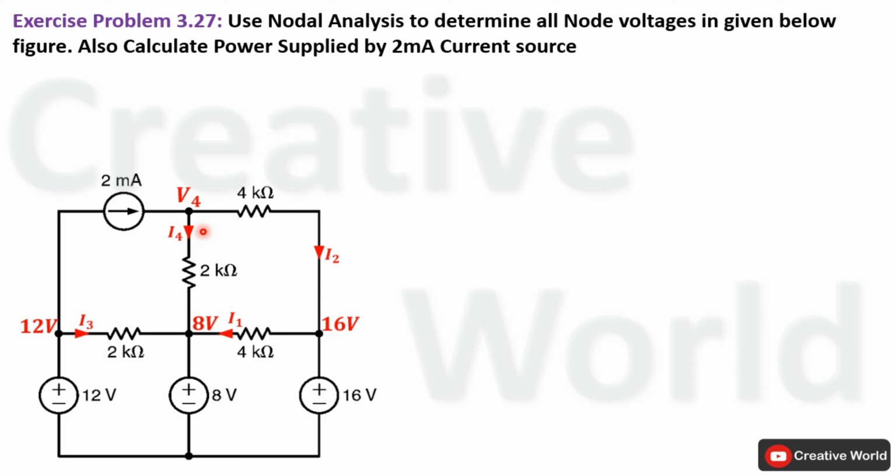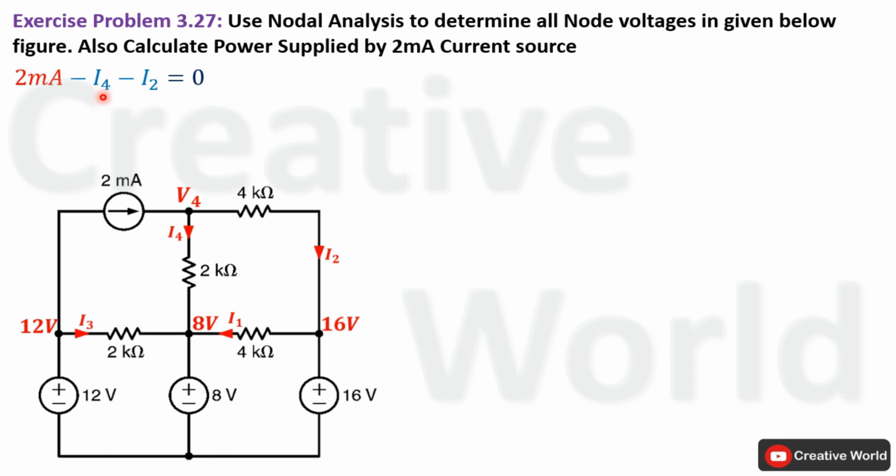So we only have to apply Kirchhoff's current law on this node to calculate its node voltage. On this node, only one current is entering, 2 mA, while two currents are leaving, I2 and I4. So KCL equation for this particular node will be 2 mA minus I4 minus I2 equal to 0. Leaving currents are taken with negative sign and entering current is taken with positive sign.